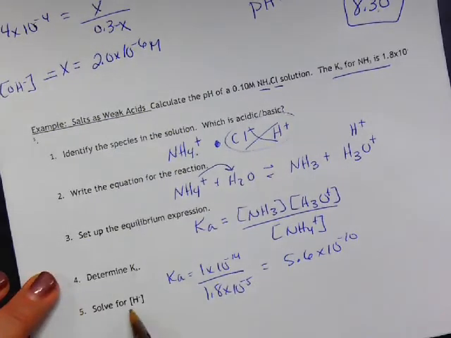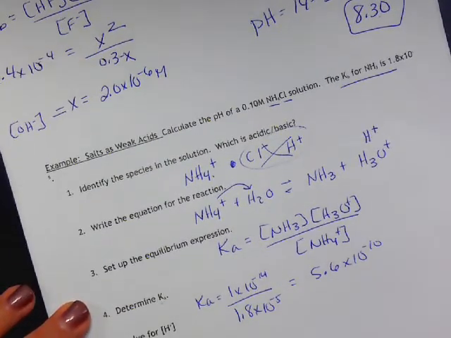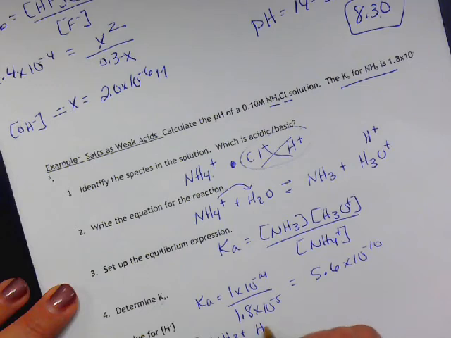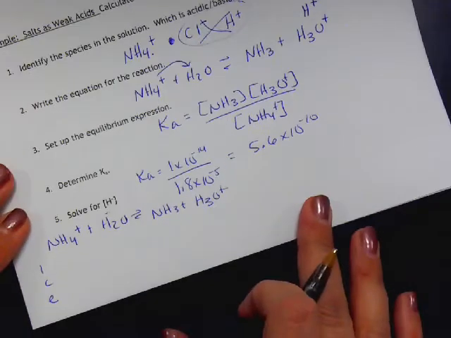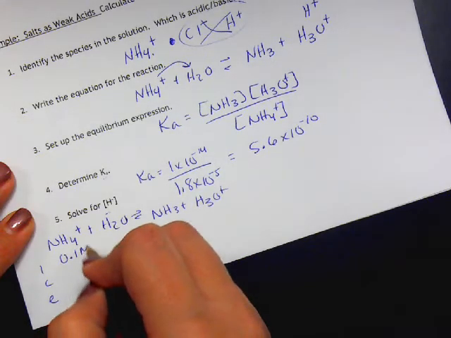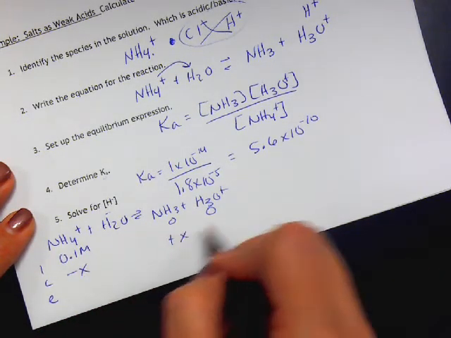So then to solve for our concentration of hydrogen, we use our reaction here. Right? So we have our ammonium and our water forming our NH3 and our hydronium. Set up our ice chart. Our initial concentration was 0.1 molar, and we have none of each of those. We shift to the right.